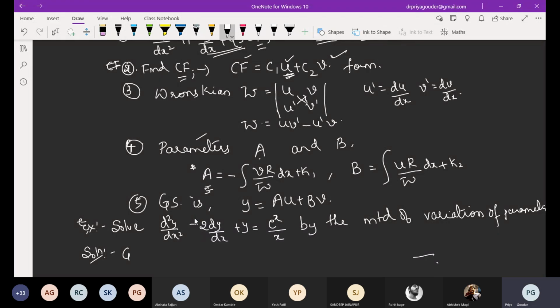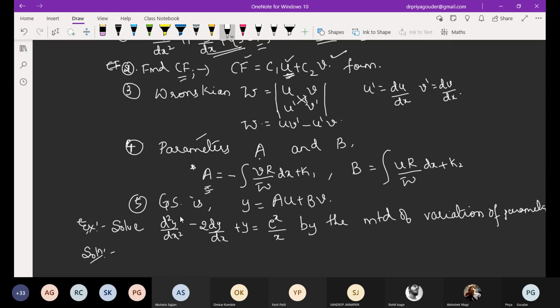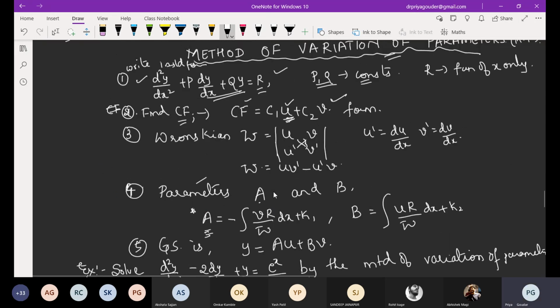Solve d square y by dx square minus 2 dy by dx plus y is equal to e raised to x by x, by the method of variation of parameters. Okay, let us go according to these steps. Is the first step correct?